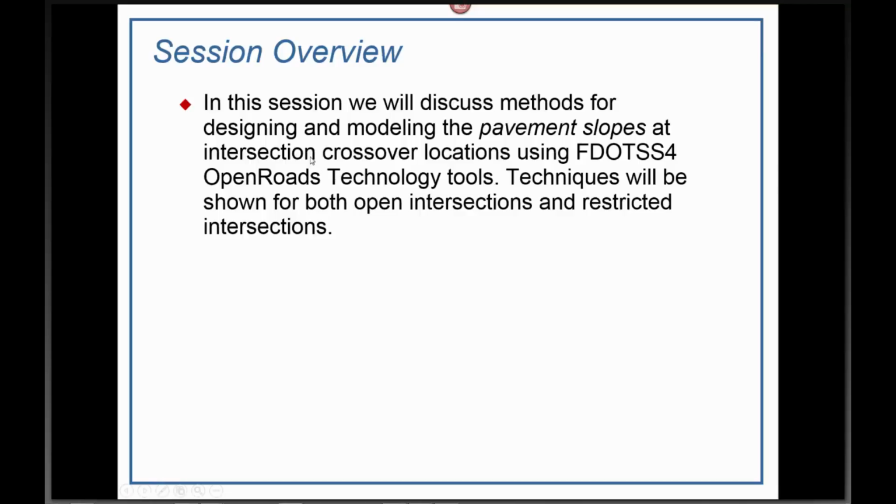We'll be discussing methods for designing and modeling the pavement slopes at intersection crossover locations using the OpenRoads technology, and techniques will be shown for both open intersections and restricted turn lane type intersections, similar to the image that was previously on the screen.